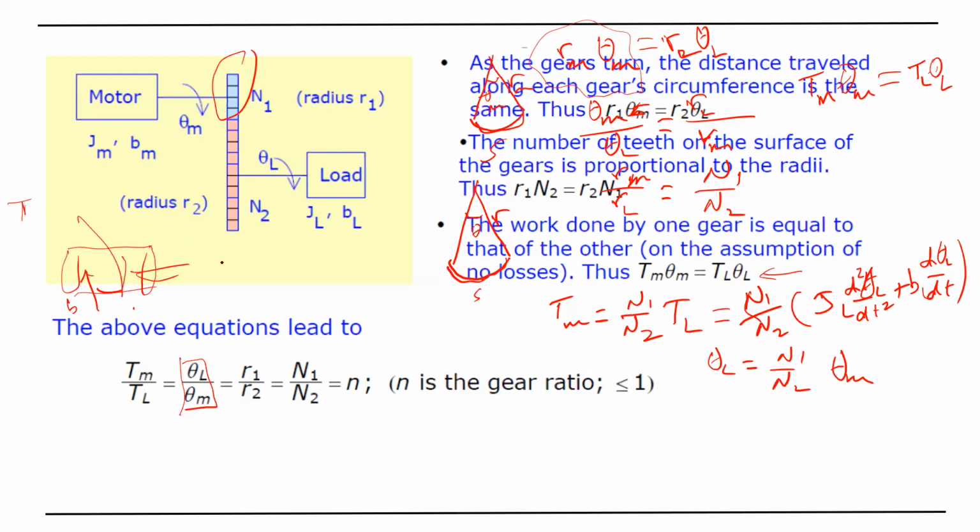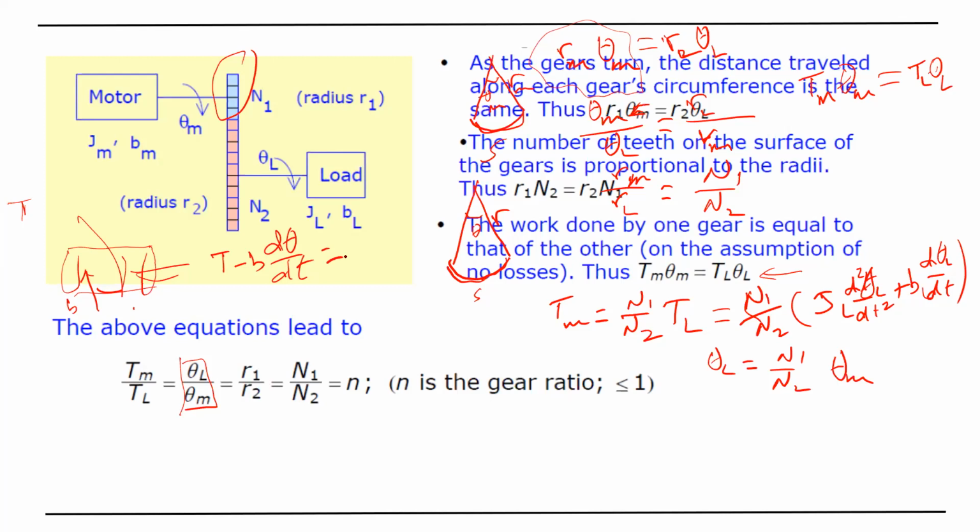Newton's law stated that the applied torque T, minus what other torque do I have in here? I have only the friction torque, which is equal to what? The friction, we said, is proportional to what? If this is rotating, the speed. So B times the speed, which is d theta dt.